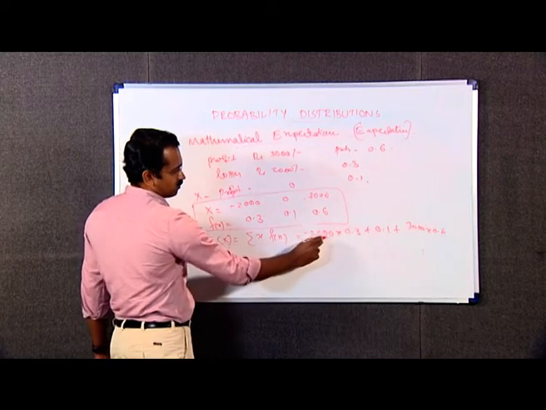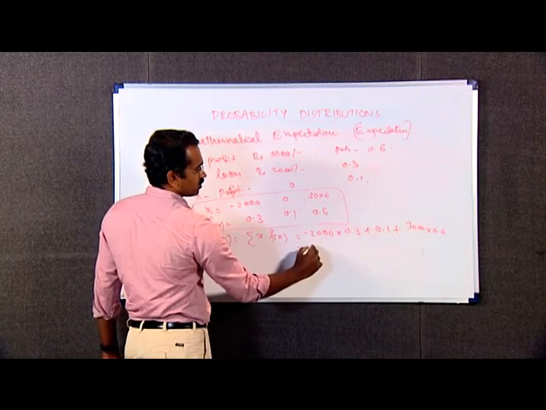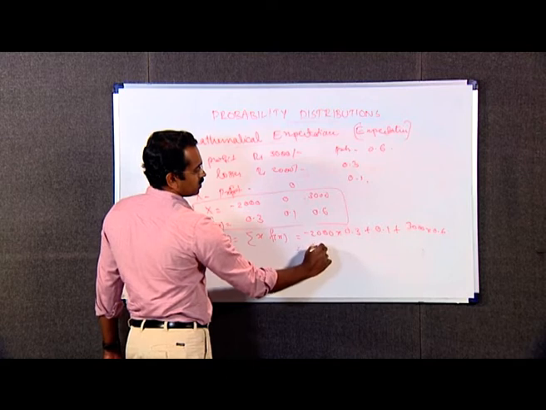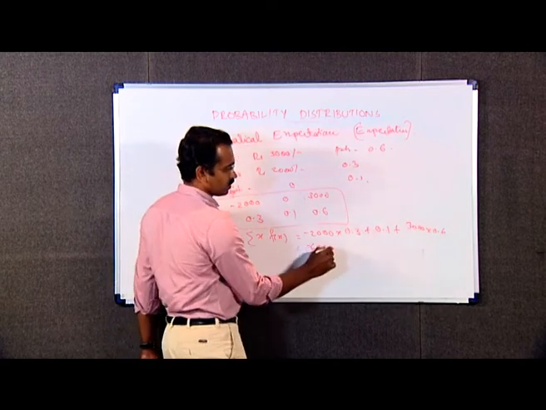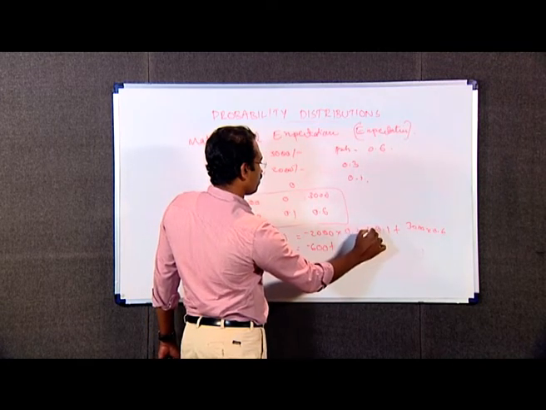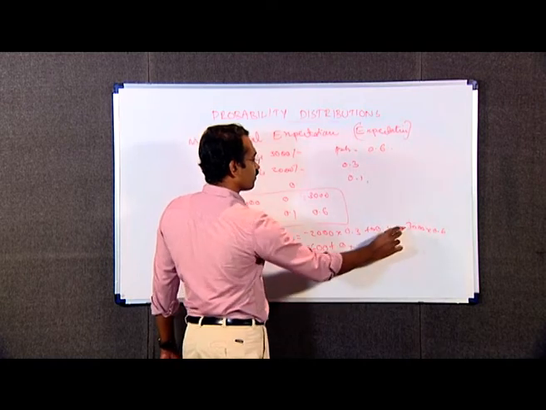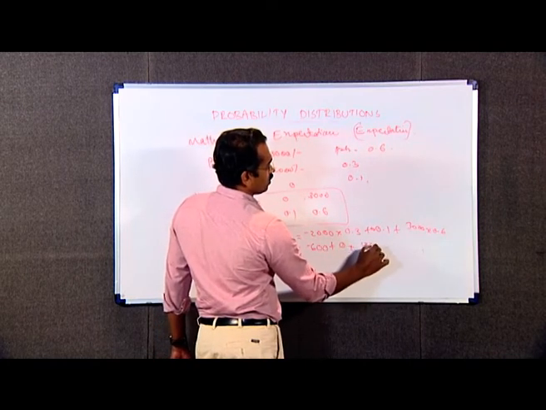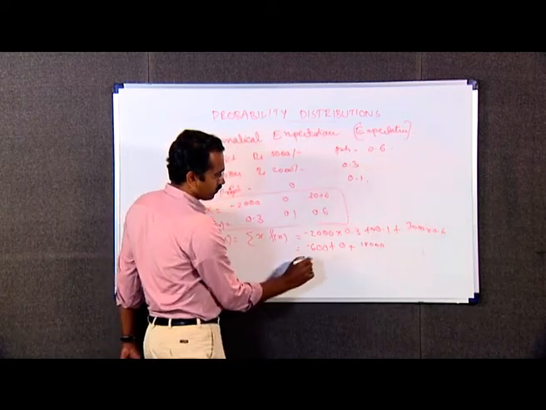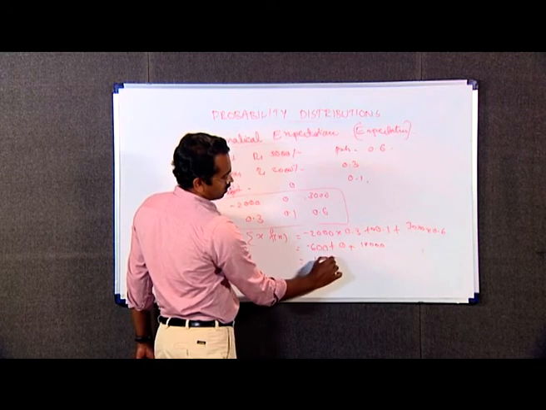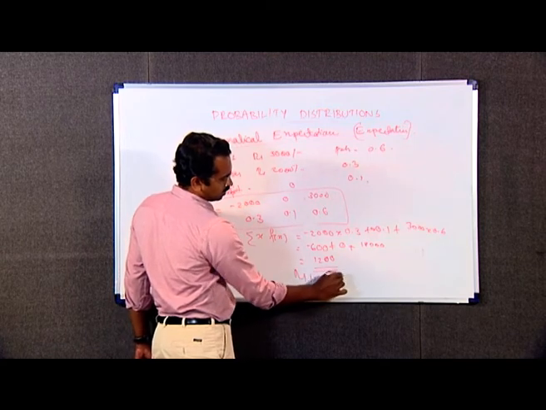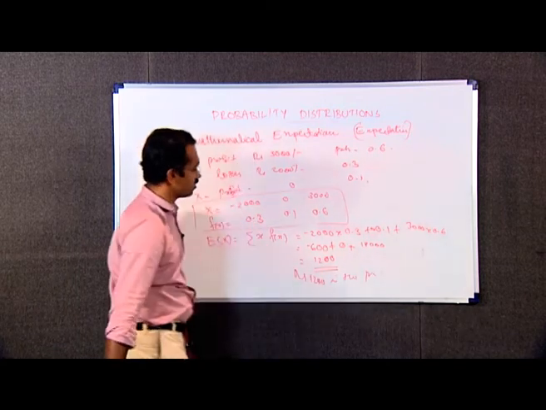On simplification, this is equal to minus 600, plus 0 into 0.1 means 0, plus 1800, that is equal to 1200 rupees. 1200 is the expected profit in his business.